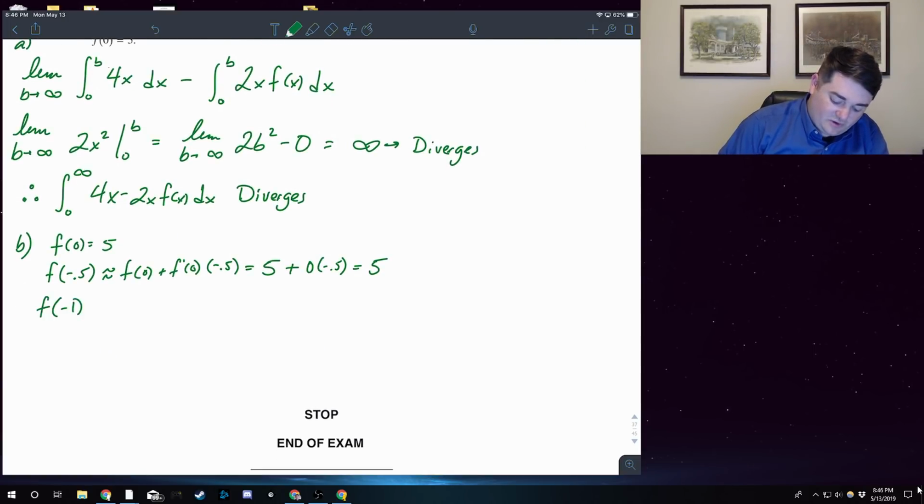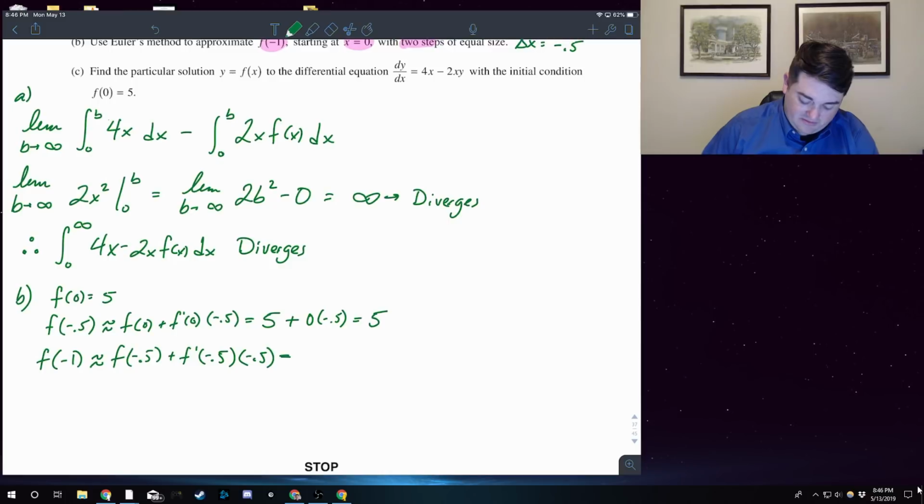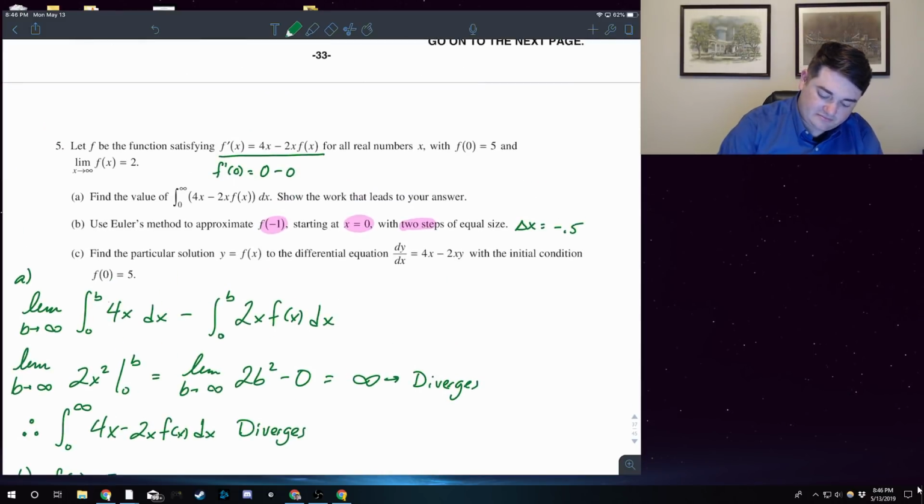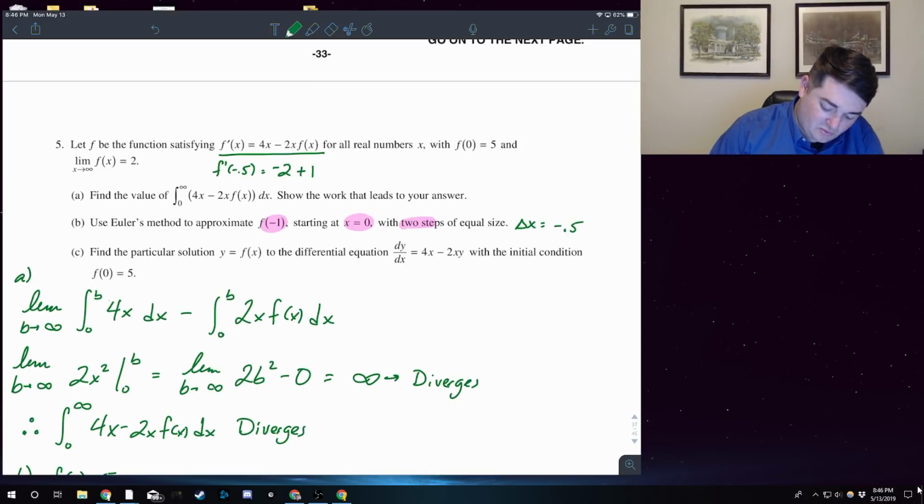f of -1 would be approximately f of -0.5 plus f prime of -0.5 times -0.5, which is going to be f of -0.5, which we just approximated to be 5, plus f prime of -0.5, which would be 4 times -0.5, so -2, minus 2 times -0.5, so make that a plus 1 times f of -0.5.